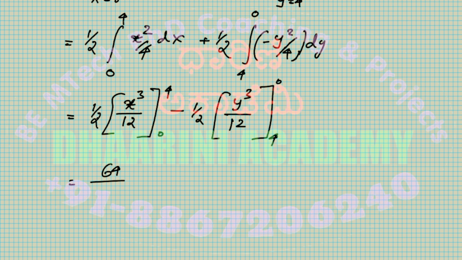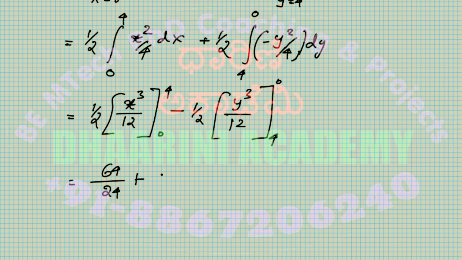64 divided by 24. And next one, this is minus 0 minus of y cube. Correct? Minus 4 cube, right? So it's a minus here.